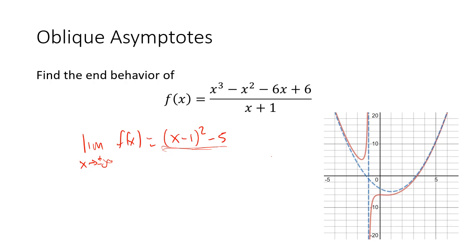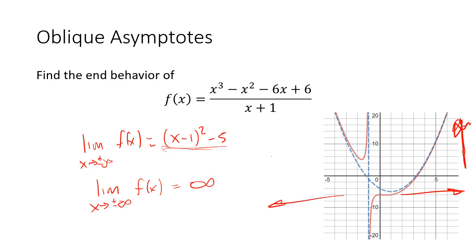And so for this one, you can actually write it in one statement. The limit as x approaches either positive or negative infinity of f of x is going to be infinity. Because look, as we go farther right, big positive x values, big positive y values. Big negative x values, big positive y values. All right, next video puts everything together.